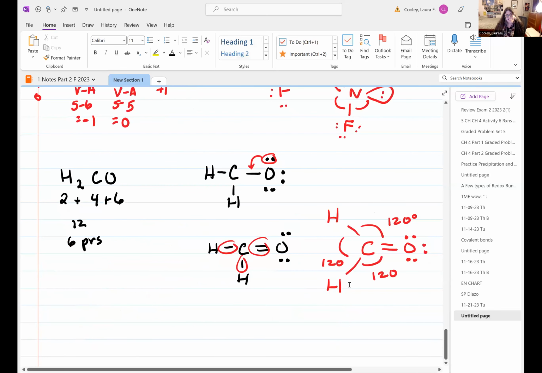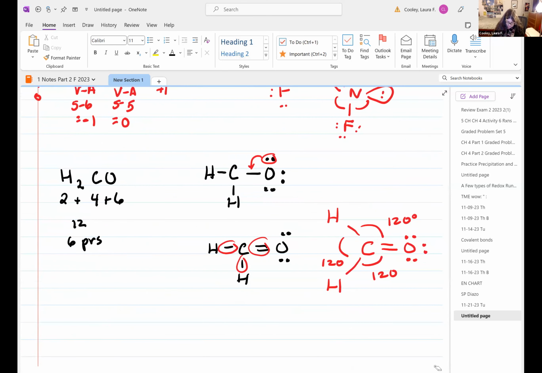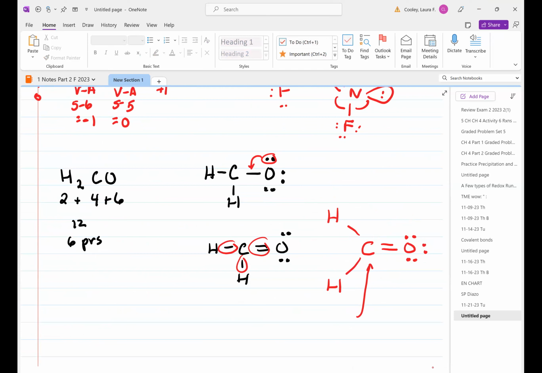All right. Okay, H2CO, just getting back to the formal charge. Is anything funny going on here? What's the formal charge on this carbon? 0. Yep. The valence is 4.